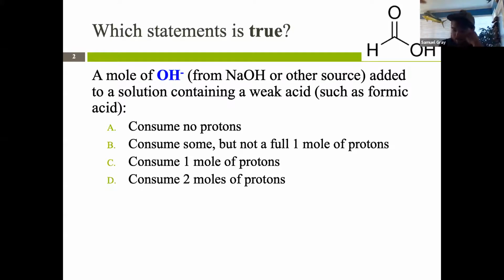We actually didn't talk about much, but I wasn't sure. I originally chose A, but I wasn't sure if that was right. And so I switched back to C because I knew that the base would absorb a hydrogen atom, or a proton. I just wasn't sure how many it would take.